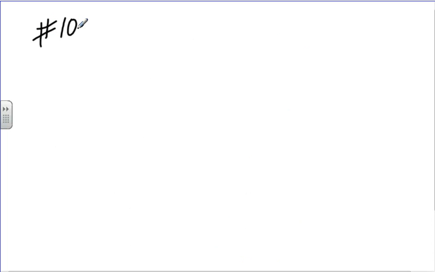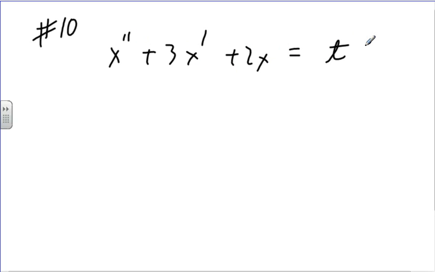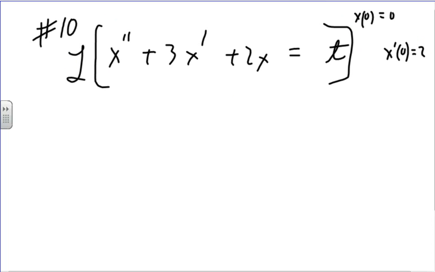So number 10. X double prime, 3x prime, 2x is equal to t. Is that what it is? Really? Yep. And I have x at 0 is 0, which is convenient. X prime at 0 is 2, which is less convenient, but still within my ability to solve the problem.